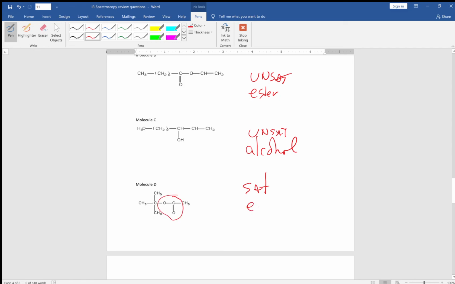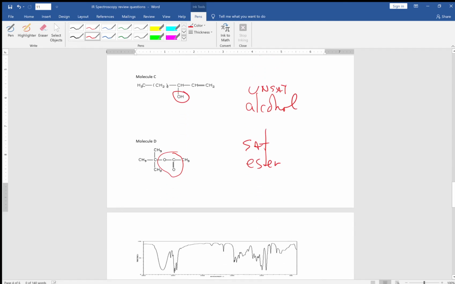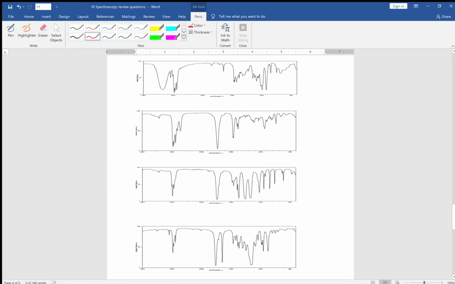It is also an ester. So identify the functional groups of these molecules. Then this becomes somewhat easier to identify.